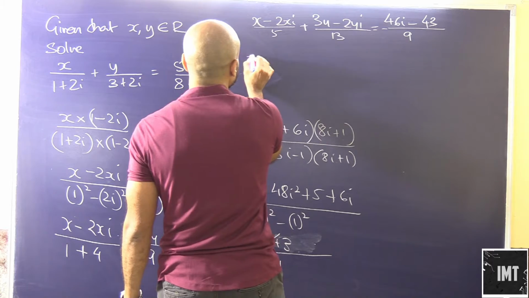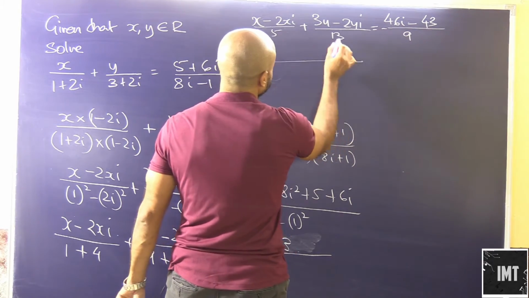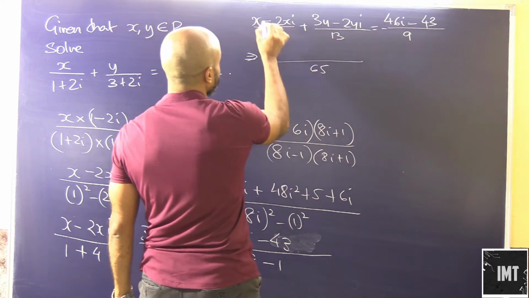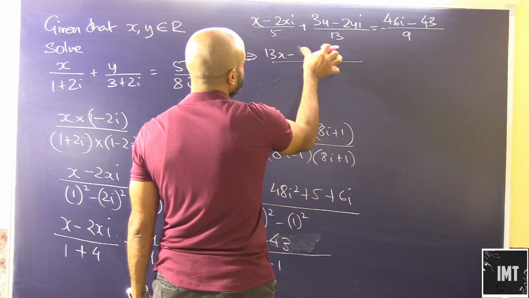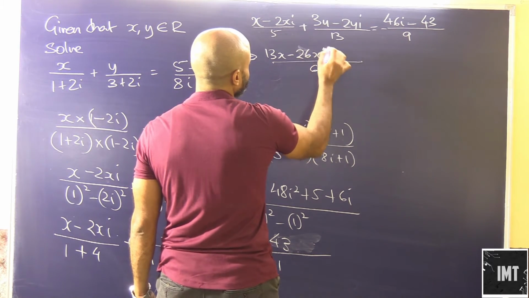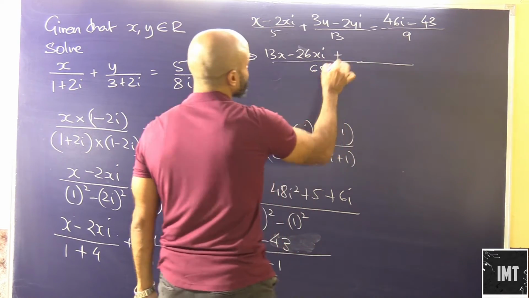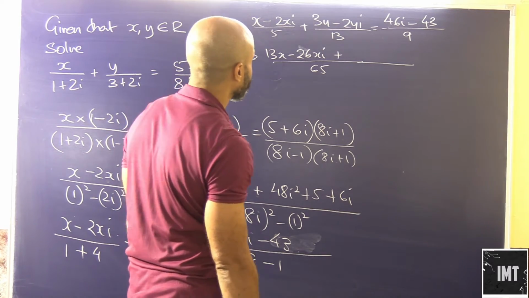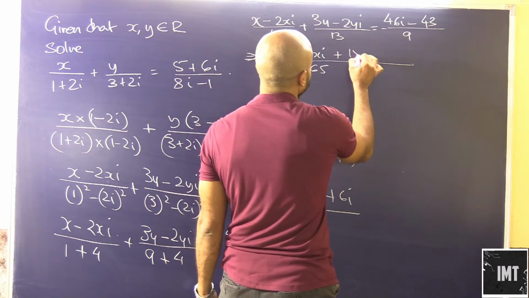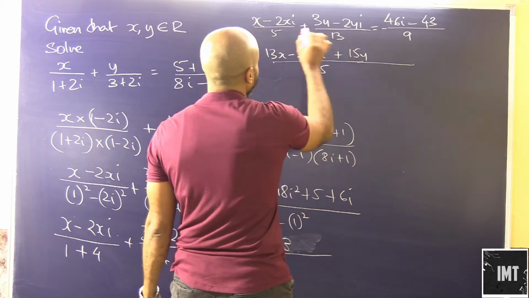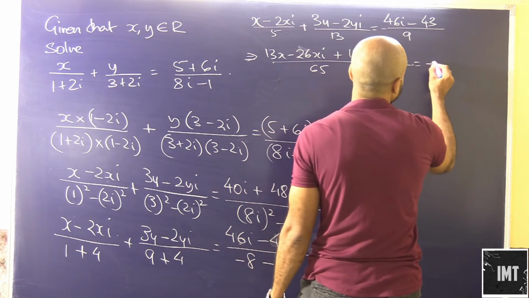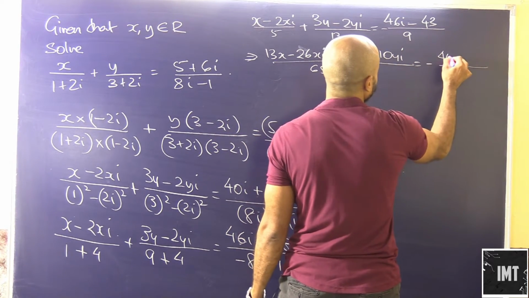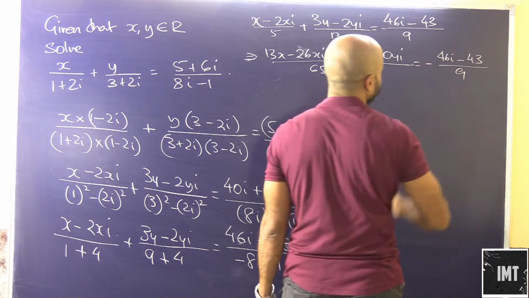Okay. So here we can say, 13 5s are 65, 13x minus 13 2s are 26xi plus here it will be 3 5s are 15y minus 10yi. This will be equal to minus 9 upon 46i minus 43.